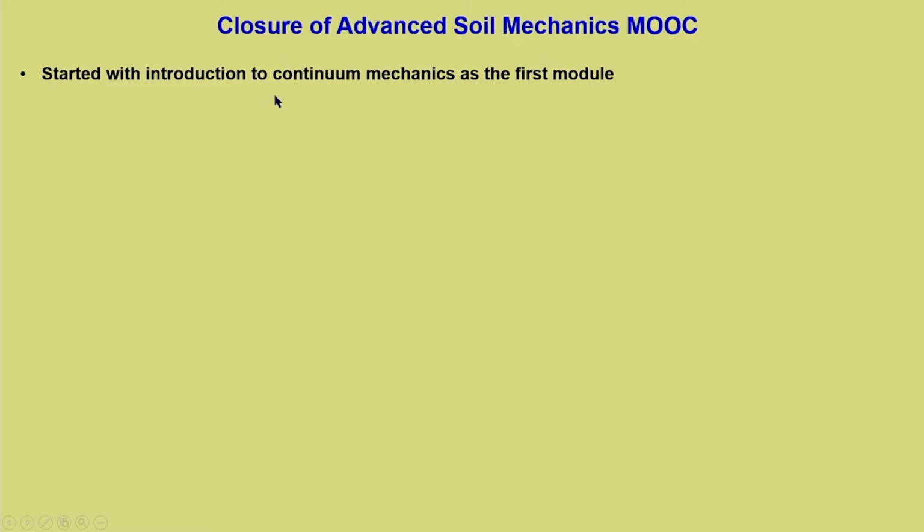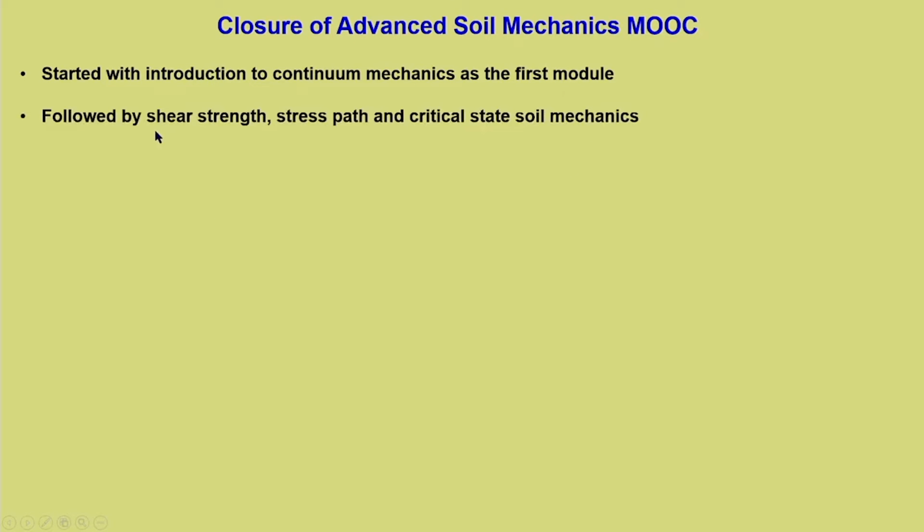So in this course basically we started with Introduction to Continuum Mechanics as the first module, and this was followed by shear strength, stress path and critical state soil mechanics. Now at this stage you may find a disconnect between the first module and the rest of the course modules.